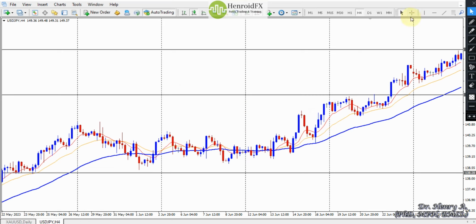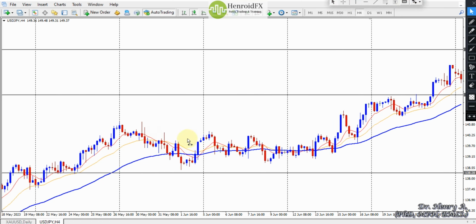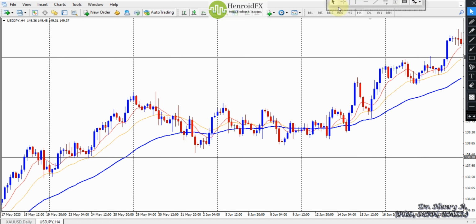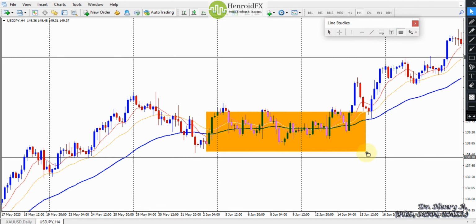Now watch out for areas that are choppy like this. You do not want to trade in these choppy areas. What do I mean by choppy areas?